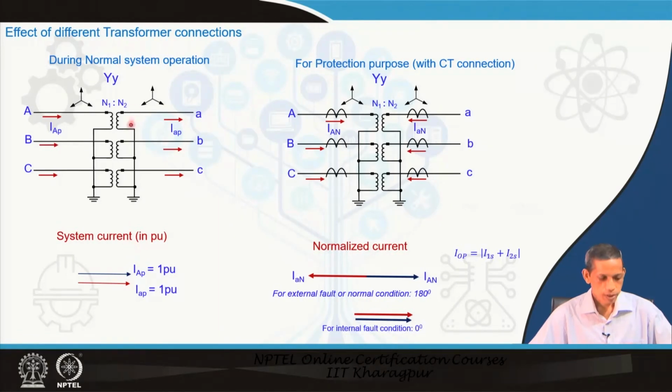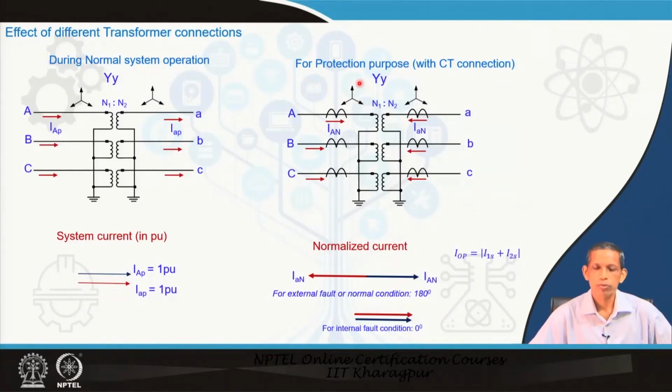So, for the system current, there is no issue of protection we are discussing. The per unit current IAP and this low voltage side current align with 0 degree difference, agree. And if we talk about the per unit current, the normal current, that becomes the same magnitude.